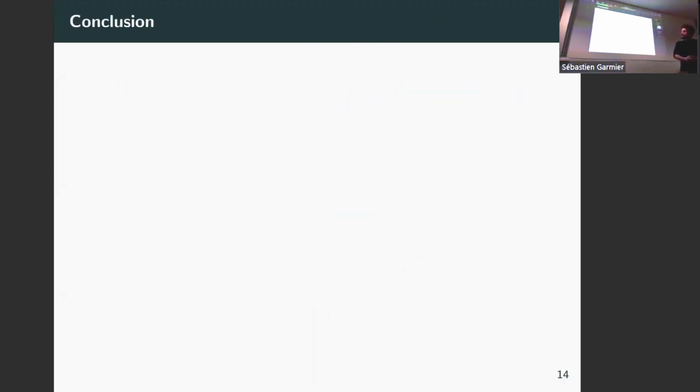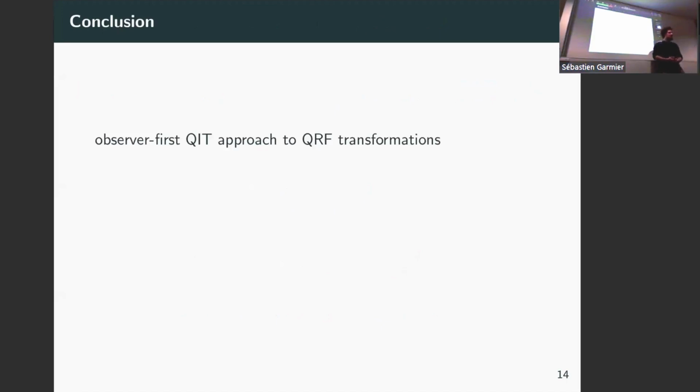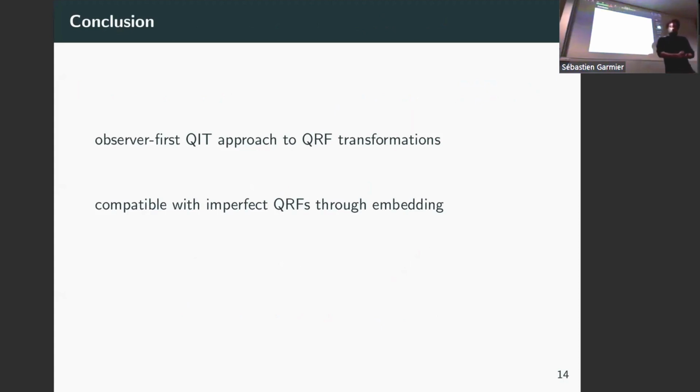All right. So what have we seen today? Well, we have seen an observer-first approach to a framework of quantum reference frame transformations. Observer-first means that we started from the point of view of observers. They were inspired by quantum information theory. Then we showed that this framework worked well for perfect quantum reference frames, and then we extended it to imperfect ones through this notion of the embedding.